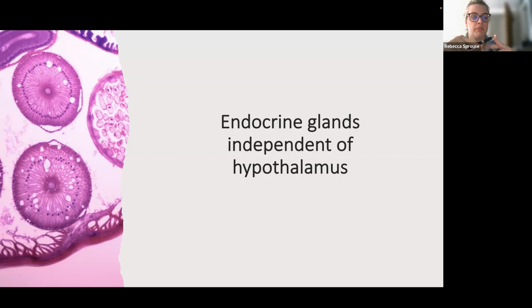And so the posterior pituitary is stimulated by the nervous system. Now, we have lots of other endocrine glands that we've labeled in lecture 1, and so we need to talk about all of those. These glands are going to be those self-detecting glands, and they are not controlled by the hypothalamus. So let's talk about some of those here.